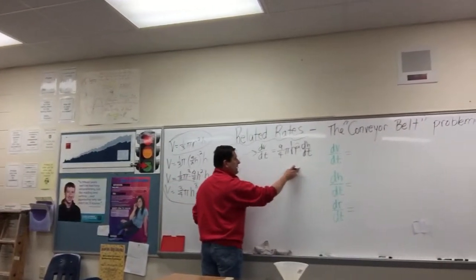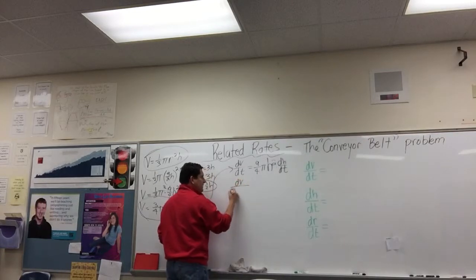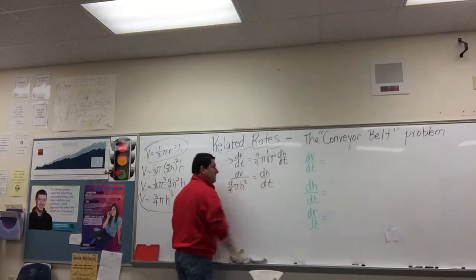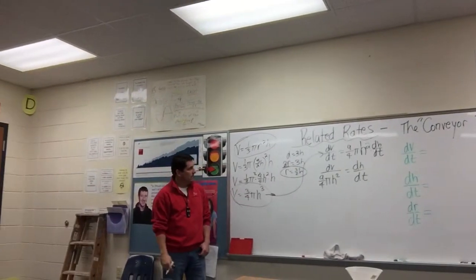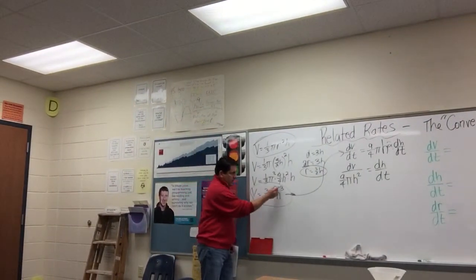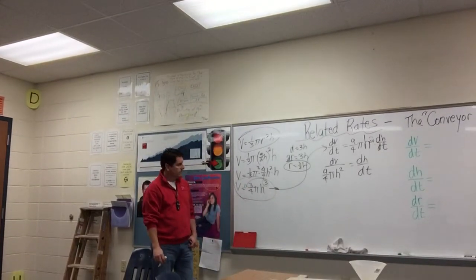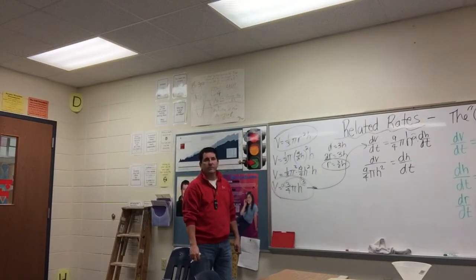And if I solve for dH dt, it's going to be dV dt divided by 9/4 pi H squared. A little bit quicker. Yes? 9/4. Bring the 3. Yeah, it's 3/1 times 3/4.